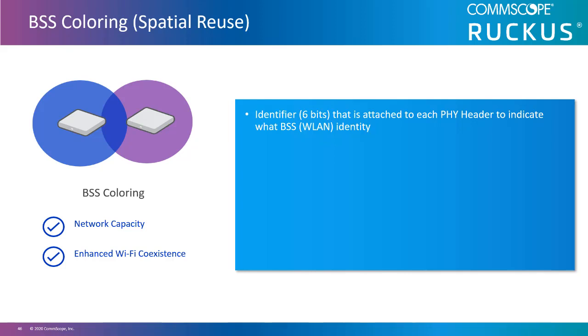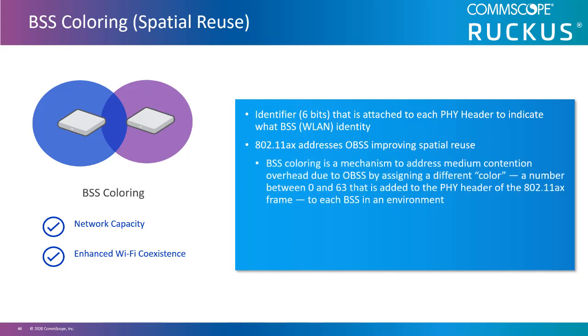Unnecessary medium contention is referred to as overlapping basic service set, or OBSS, also commonly referred to as co-channel interference. 802.11ax was tasked with addressing the OBSS challenge by improving spatial reuse, which often is referred to as BSS coloring. This mechanism, originally introduced in 802.11ah, known as spatial reuse, was published in 2017 to address the medium contention overhead due to OBSS.